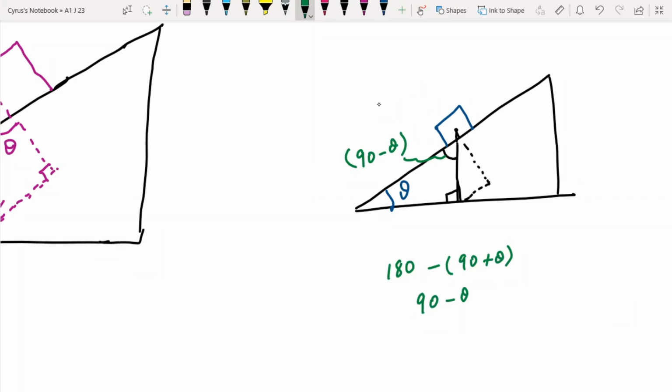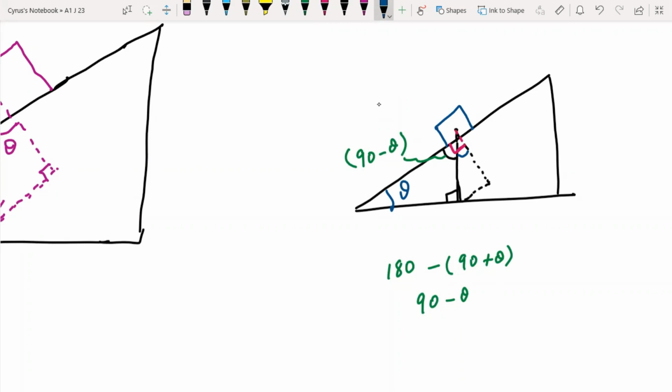Now if you look a bit closer, this is making 90. This is also 90. And what you're trying to figure out is this angle here. So you can find this angle if you subtract this 90 minus theta from this.